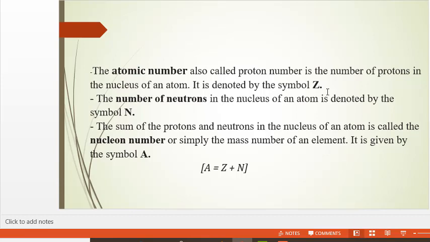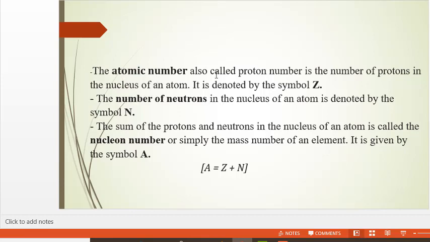Now you have to understand here that it is not possible for two elements to have the same atomic number. If a situation arose where two elements had the same atomic number but different mass numbers, then the conclusion is that they are actually the same element, just existing in different isotopes, as we shall see.